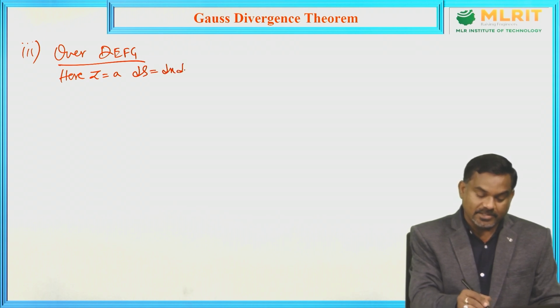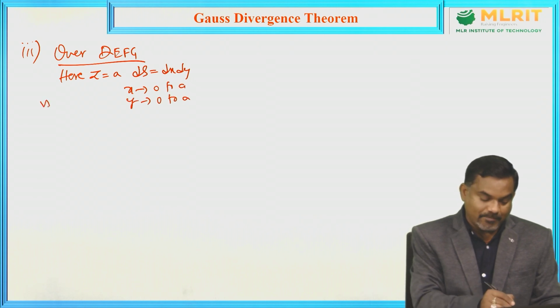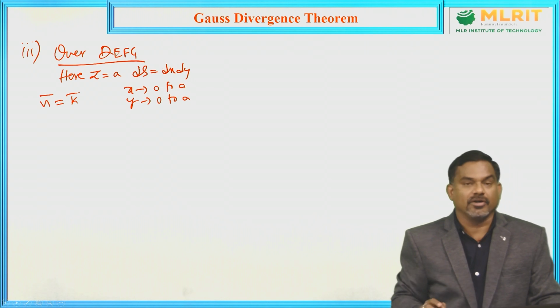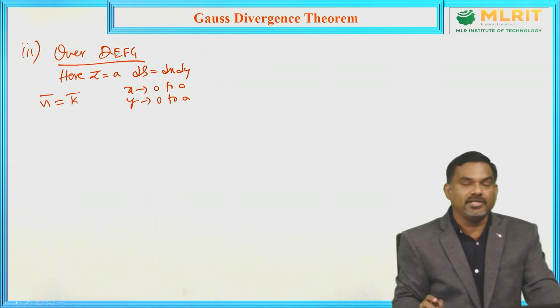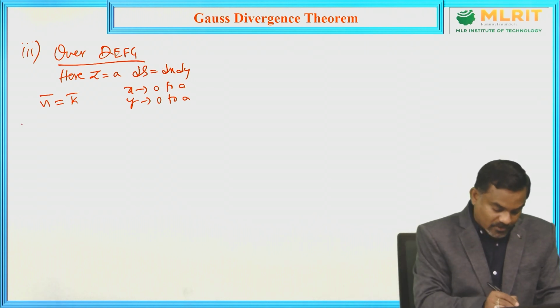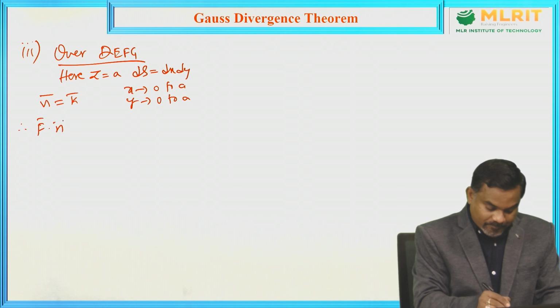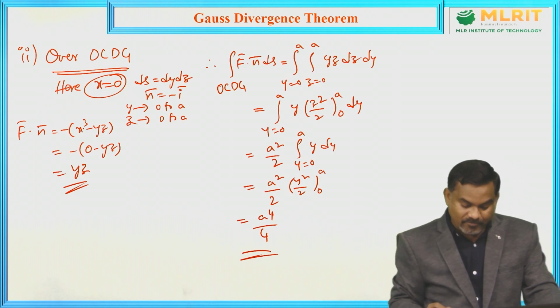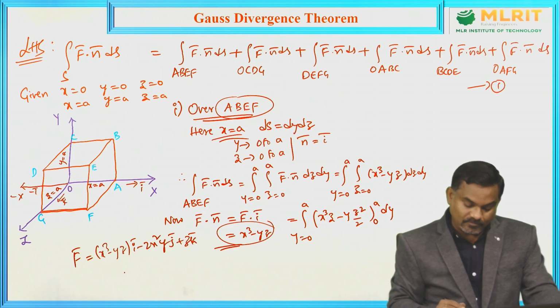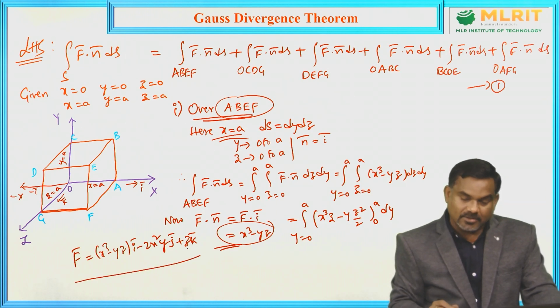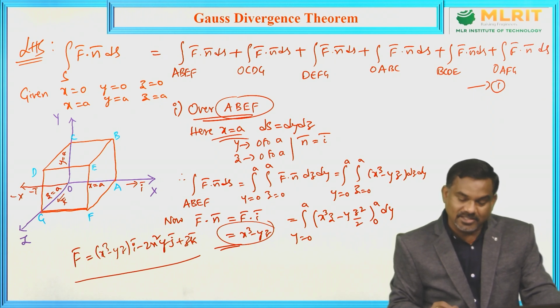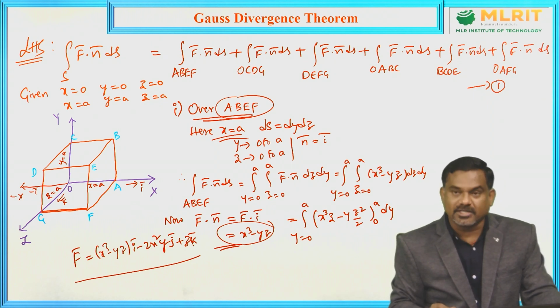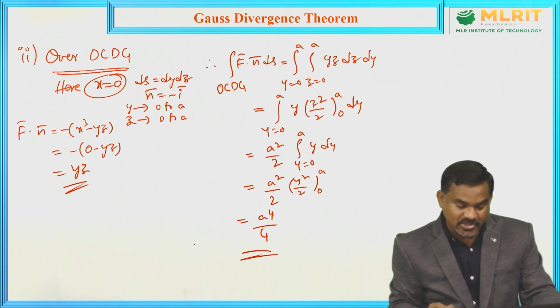So dx dy, x from 0 to a, y from 0 to a, and n bar is k bar, the outward drawn unit normal vector to the face DEFG. So therefore f bar dot n bar, and we have f bar, this is f bar dot n bar, n bar is k bar. So i dot k is 0, j dot k is 0, only k bar dot k bar is 1, we get z.